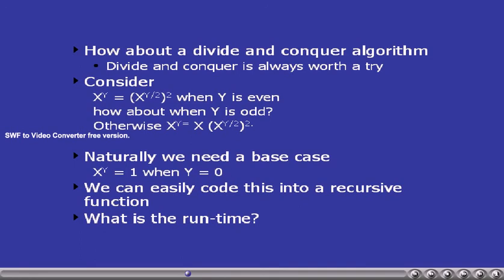Otherwise, it can be represented as x into x to the power of y by 2, whole to the power of 2. And also, x to the power of y is equal to 1 when y is equal to 0. So, we can build up a recursive function basing on this truth.